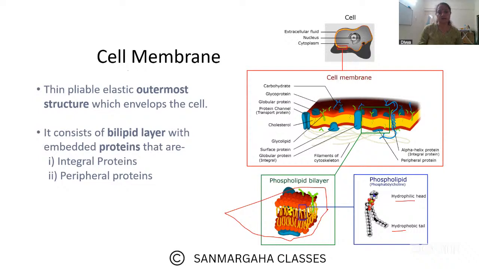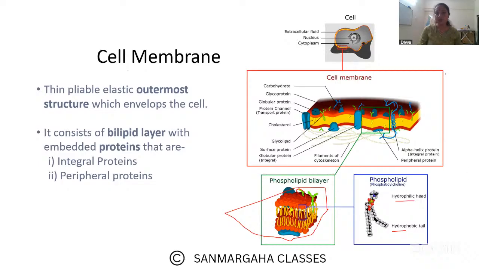It also has proteins in it: the integral proteins, that means the proteins found inside, and the proteins found at the outer layers, which make the channel for the components to move in and out of the cell.